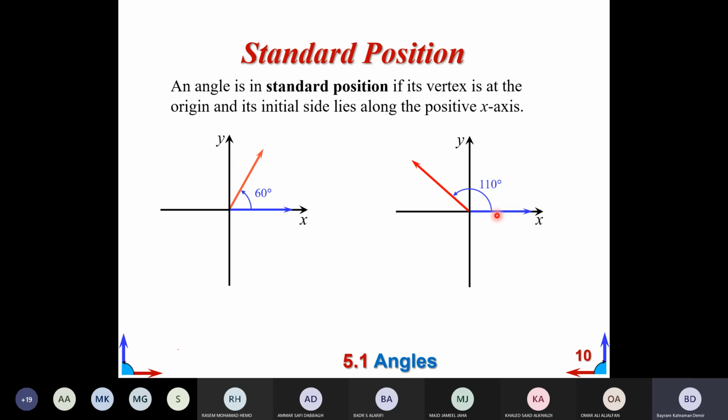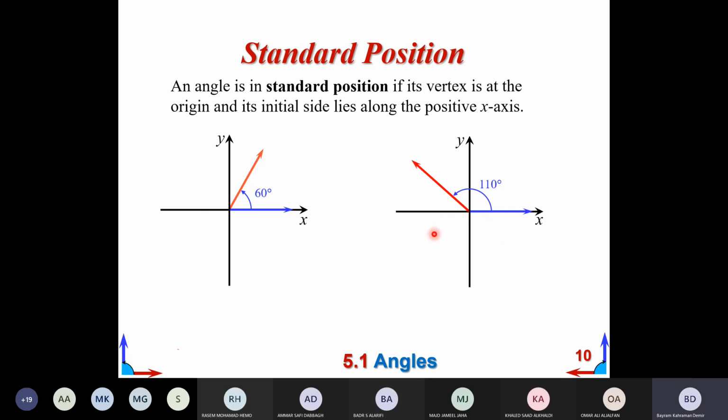In the second picture, for example, we have 110 degree. The terminal side is in the second quadrant, so we say 110 degree is in the second quadrant. It depends on where the terminal side is.